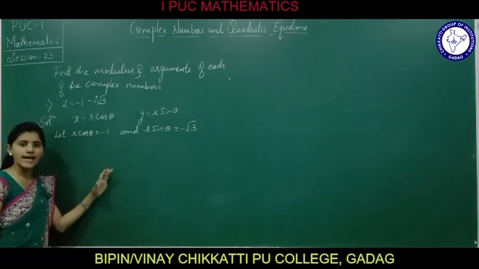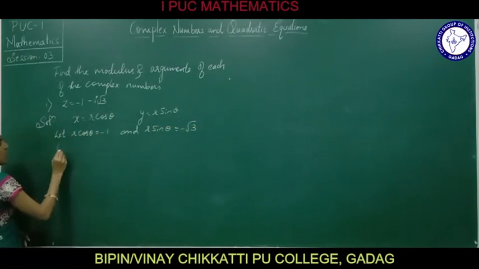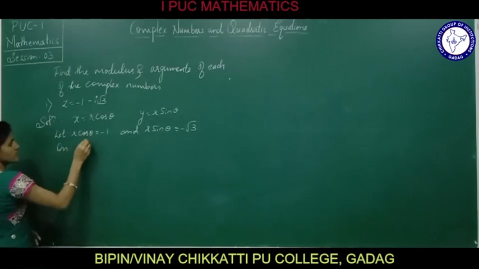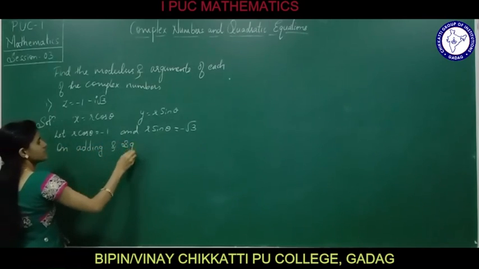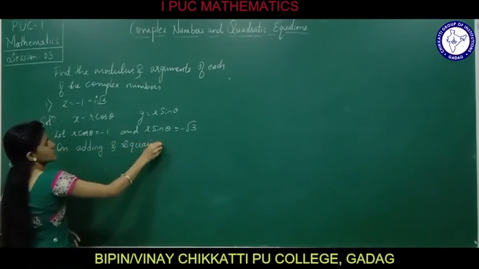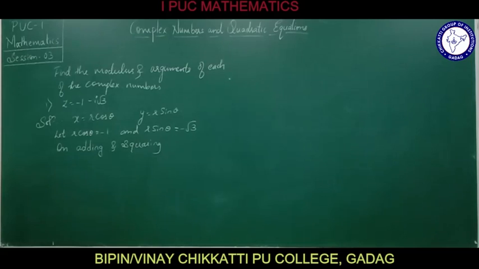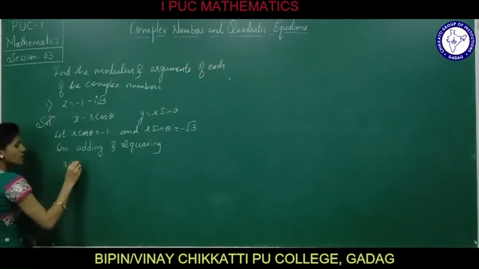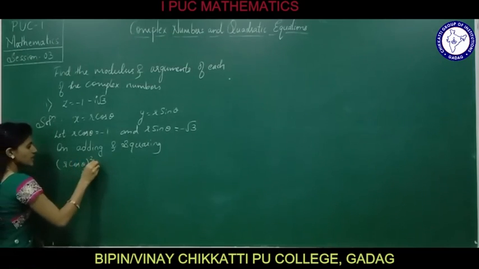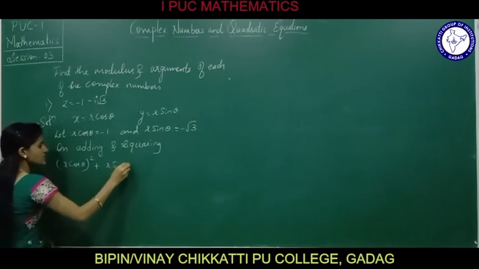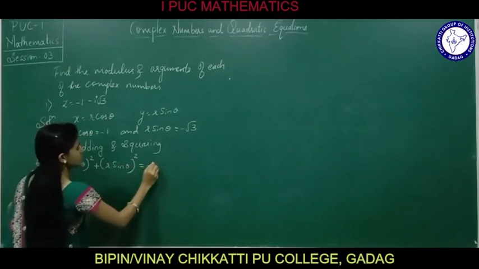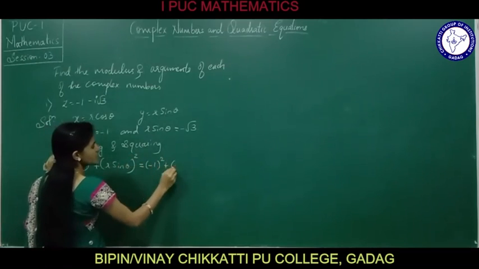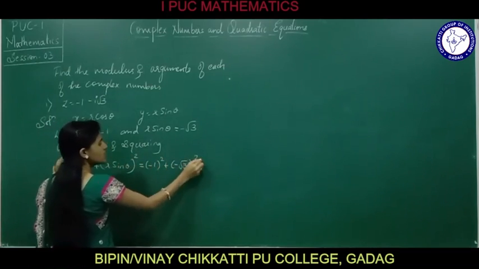Let us add and square it. On adding and squaring, what are we going to get? r cos theta square plus r sin theta square, which will be equal to minus 1 square plus minus root 3 square.